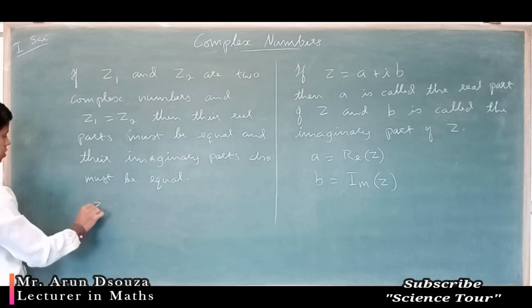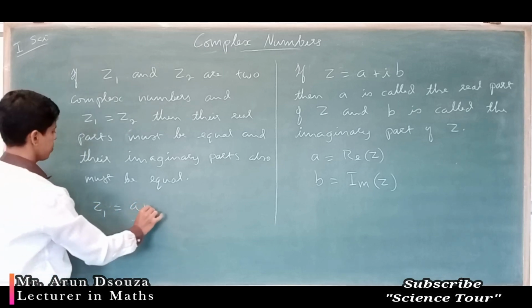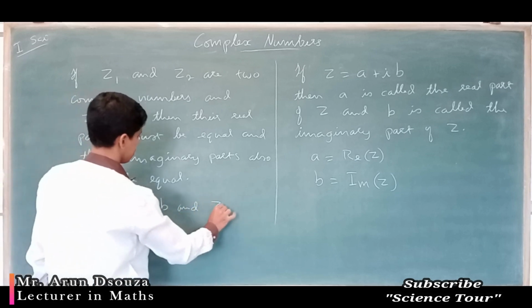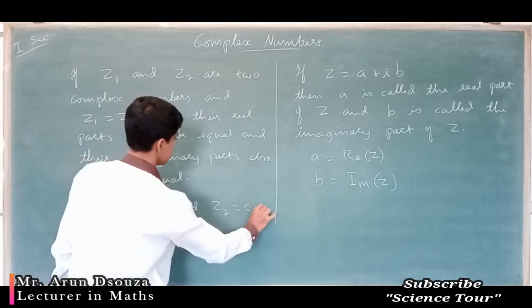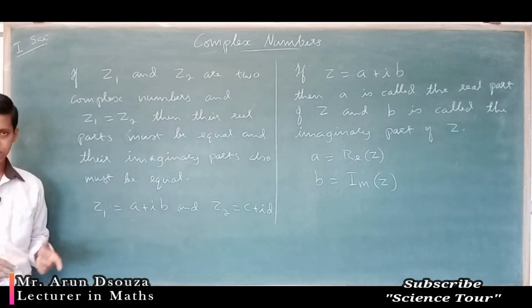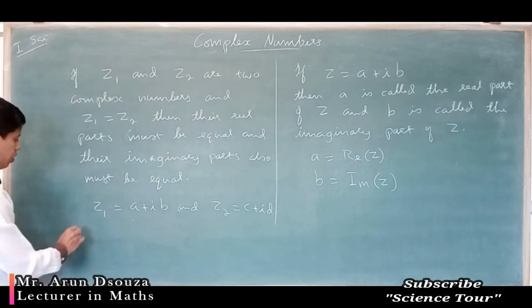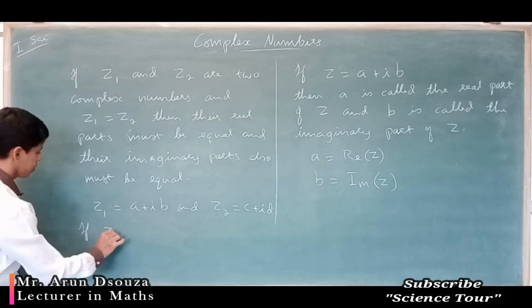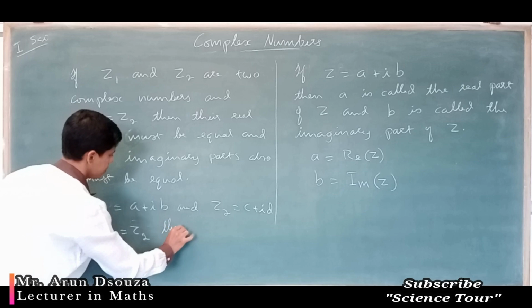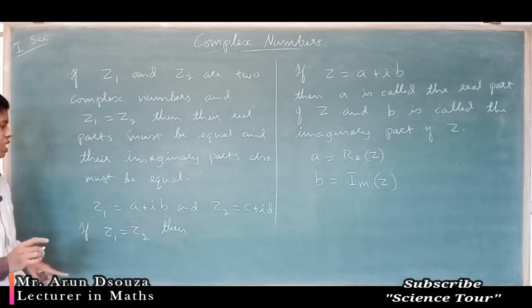Imagine z1 is equal to a plus ib, and z2 is equal to c plus id. So I am taking two complex numbers here, z1 and z2. Now if z1 is equal to z2, then what must be equal?